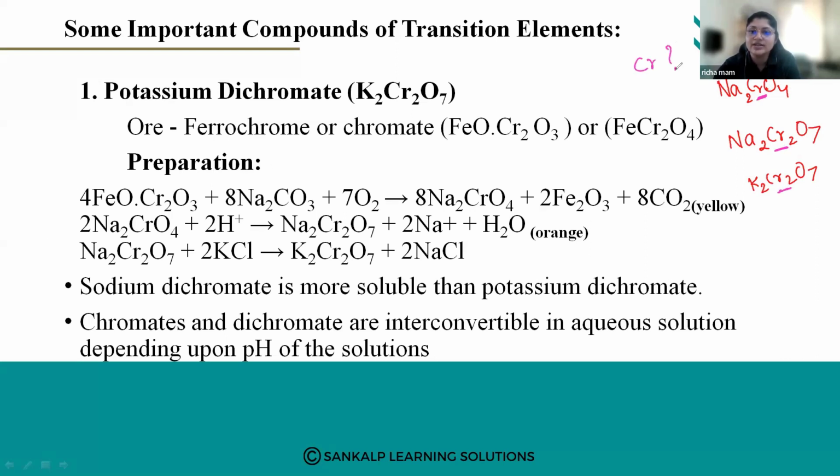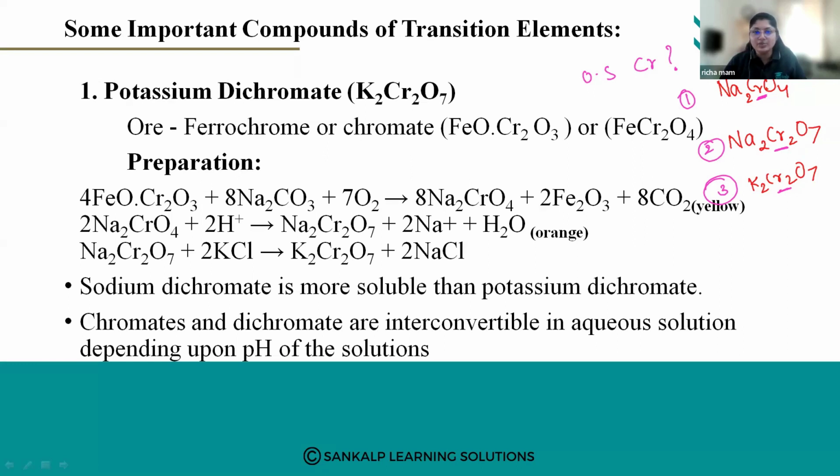So find the oxidation state of chromium in these. Do you have time still? No. Okay, fine, so you can take this as homework: sodium chromate, sodium dichromate, and potassium dichromate. In the next class, I'll be asking you the oxidation state of these.